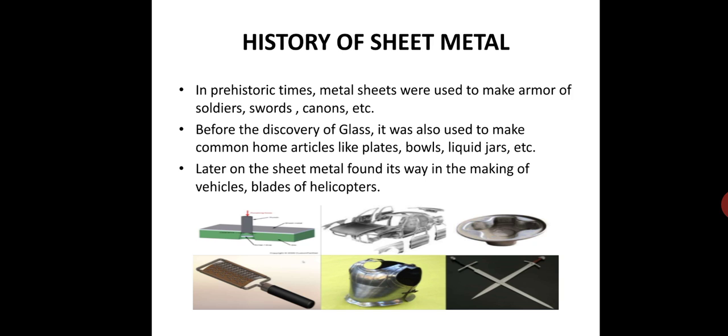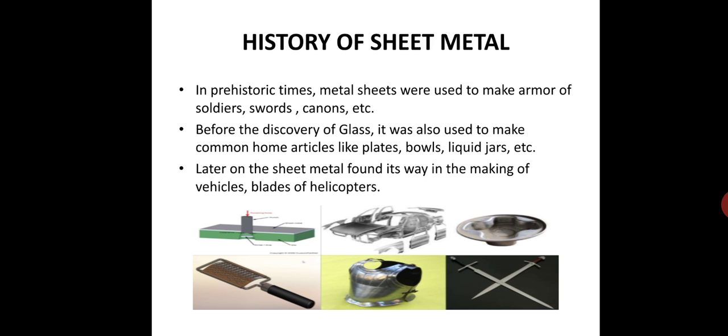And the sheet metal history. In prehistoric times, metal sheets were used to make armor of soldiers, swords, cannon, etc. Before the discovery of glass, it was also used to make common home articles like plates, bowls, liquid jars.